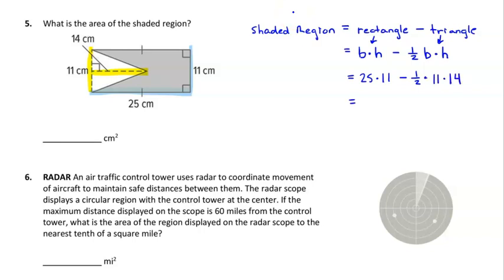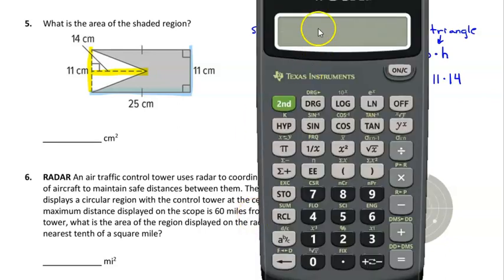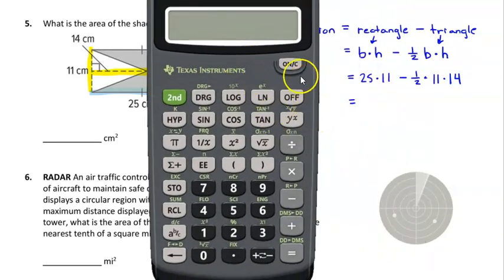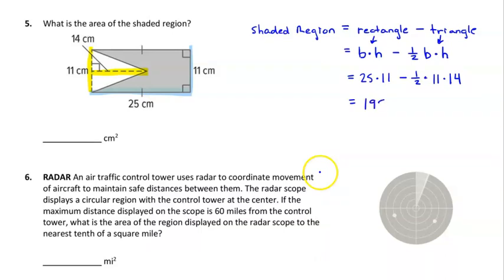And then you can go ahead and type that whole thing into your calculator. I have 25 times 11 minus 0.5, and I just like to change 1/2 to 0.5 because I already know what it is as a decimal, times 11 times 14 equals, and I get 198. And so I get 198 centimeters squared.